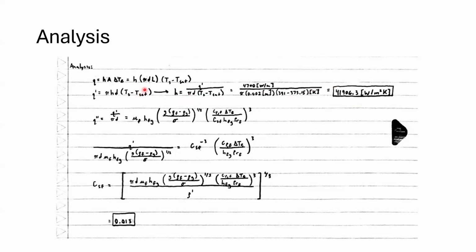If I rearrange this heat flux and write it as the heat transfer rate per unit length divided by the circumference of the wire, pi d, I get this equation right here.